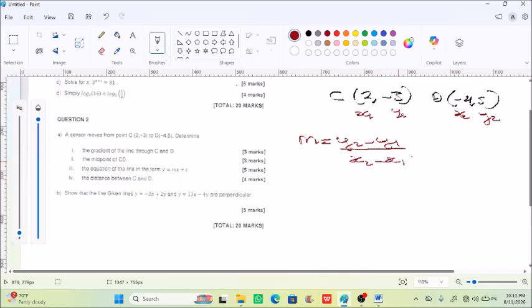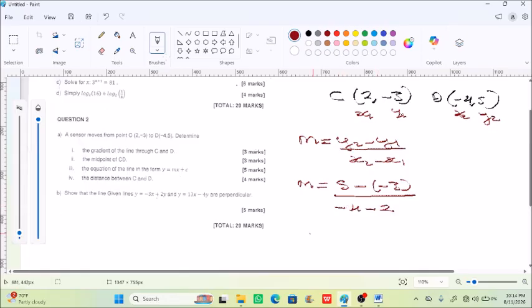This is the formula for you to use if you want to find the gradient of any line. So now M is equal to, what is our y2? Our y2 is 5, so we have 5 minus our y1, which is negative 3, in parentheses, over our x2, which is negative 4, minus our x1, which is 2.